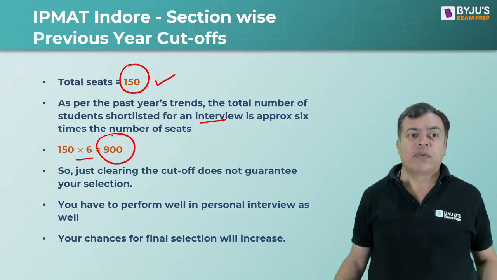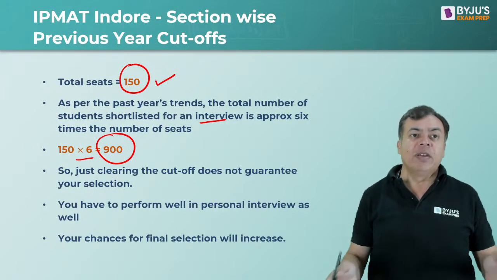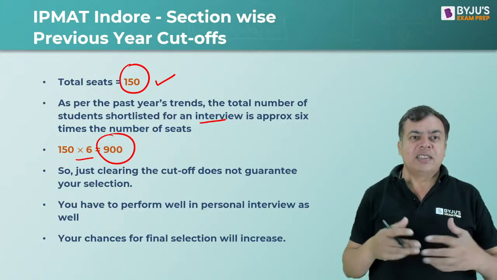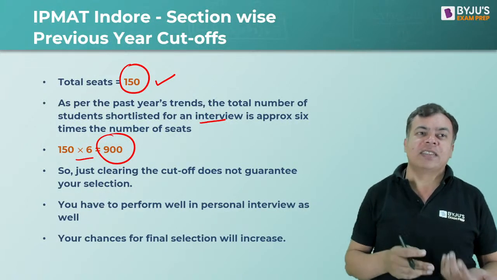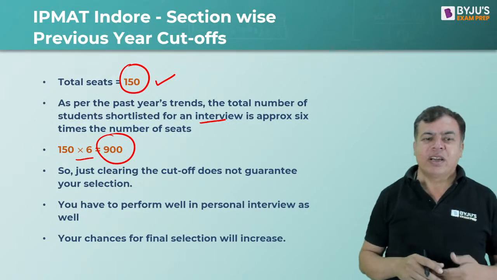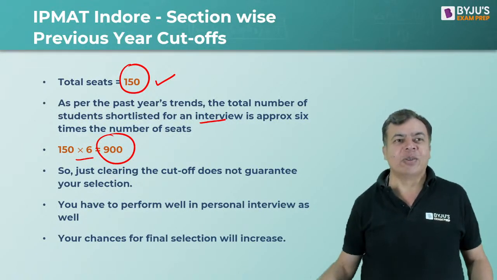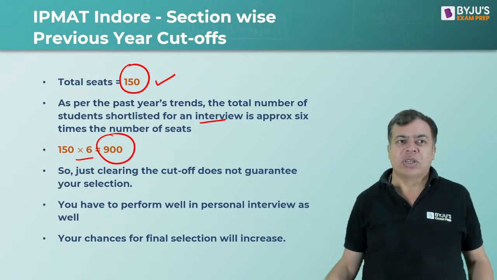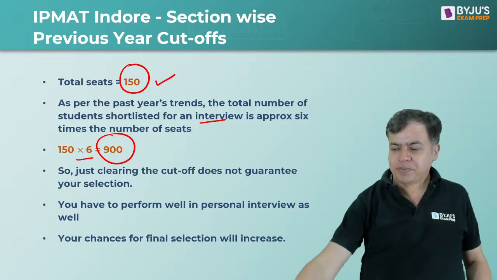That is, they will appear for the second stage. So again, there will be competition in those, right? So you will stand a chance if you perform well in the second stage. Okay. So it is not that clearing the cutoff guarantees you the admission. So this is not true. So that means you need to perform well in the second stage also. Okay.